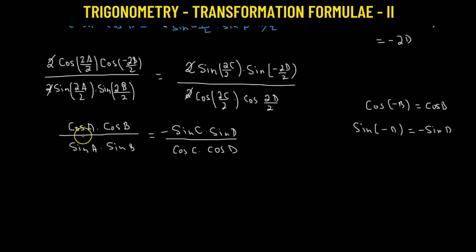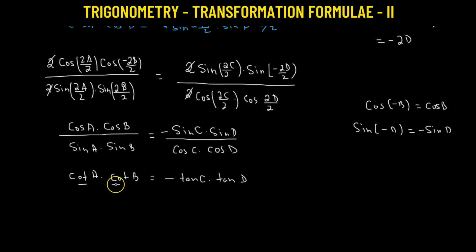Now what we'll do, we'll try to rewrite each in terms of its tangent form. So here we have cosine A over sine A, so this is cotangent of angle A multiplied to cosine B over sine B. So that's cotangent of angle B equals to minus sine C over cosine C. So that's going to be tangent of angle C multiplied to sine D over cosine D. So that's tangent of angle D.